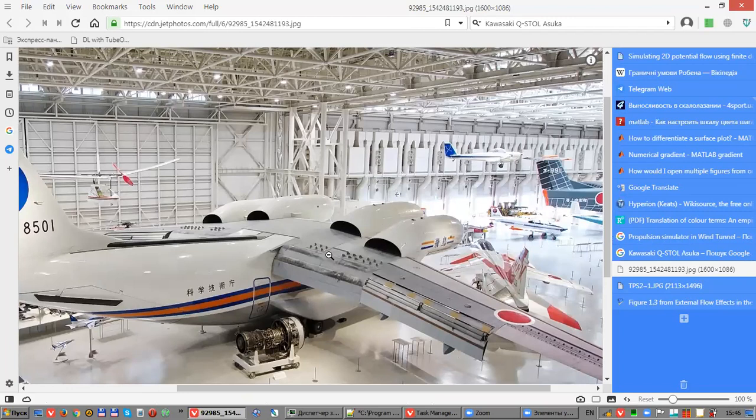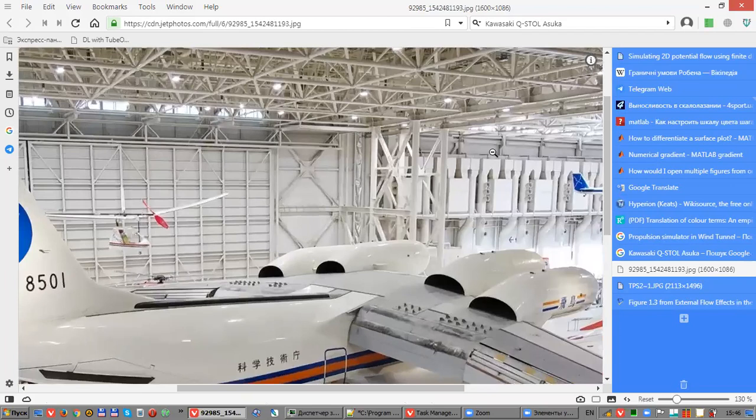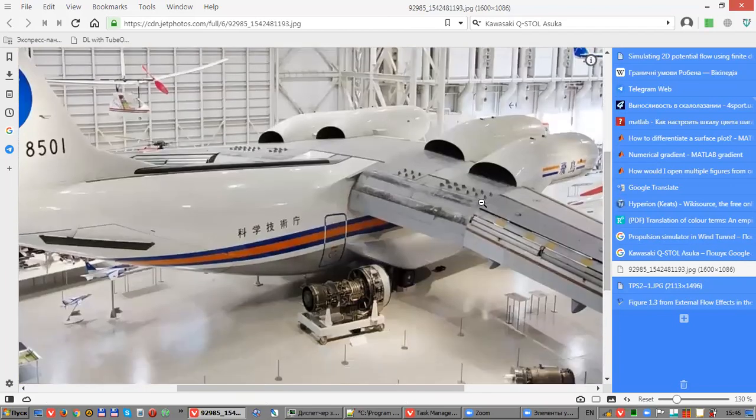And there is another interesting part. This is a vortex generator. They added a small vortex generator, and this device adds turbulence, and this increased turbulence prevents stall.